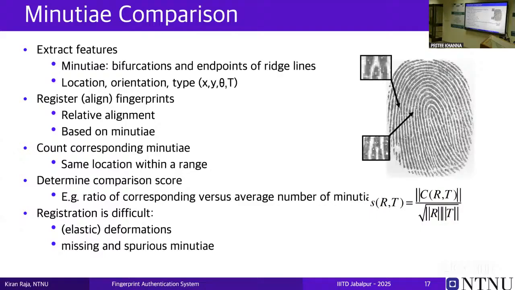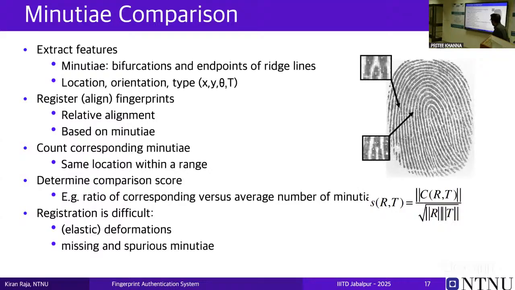Okay, and then once you come to this point, what are we talking about? We are also talking about the features that we are comparing. As I told, whenever we are talking about minutia, we are talking about three different aspects: the location, the orientation, and the type.